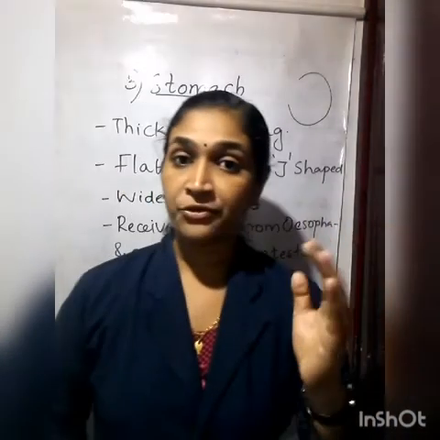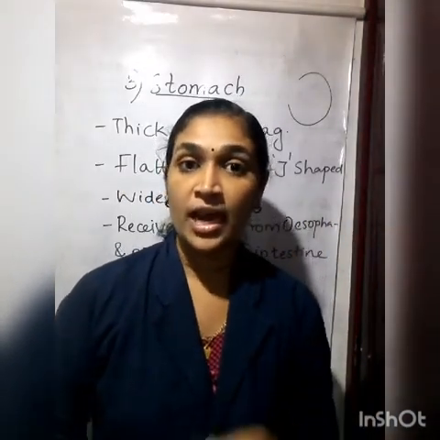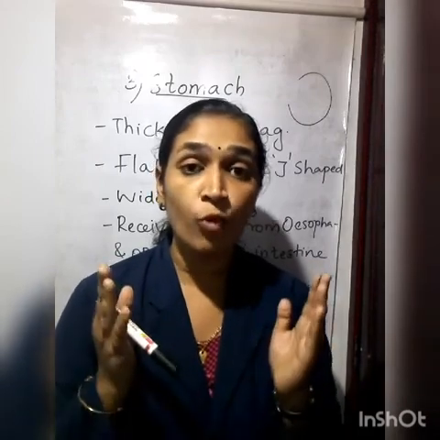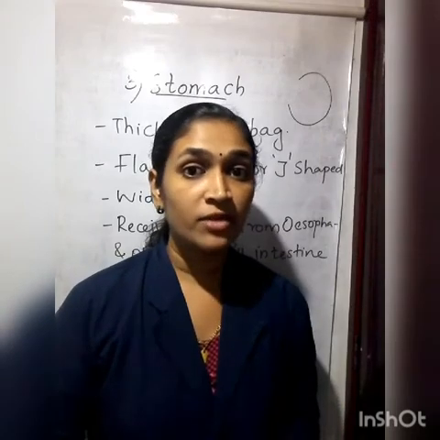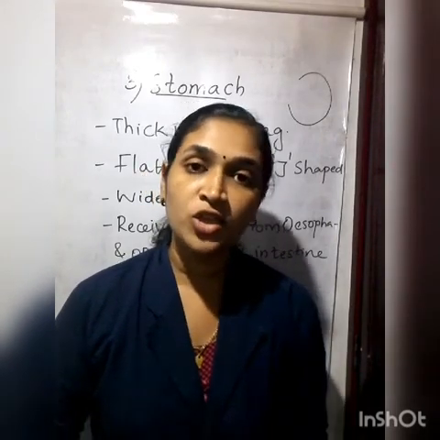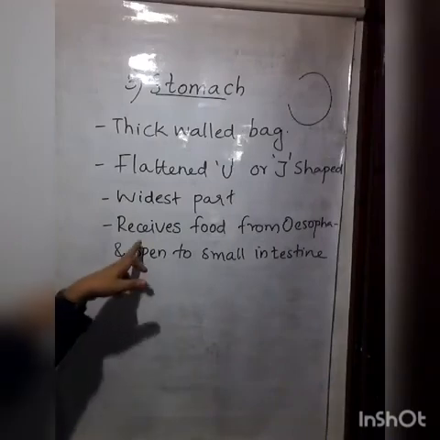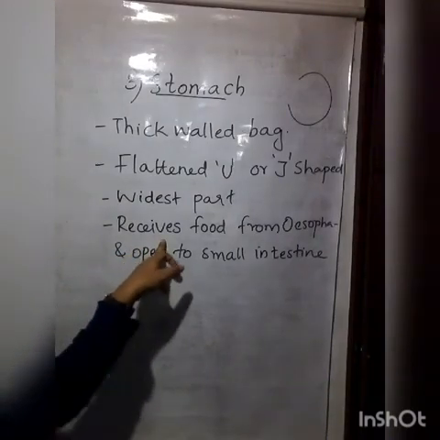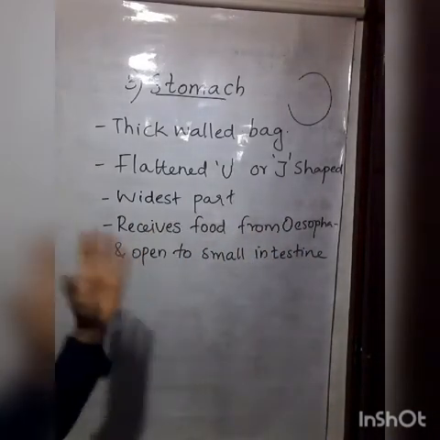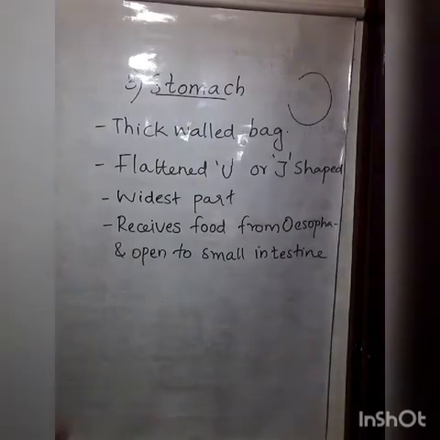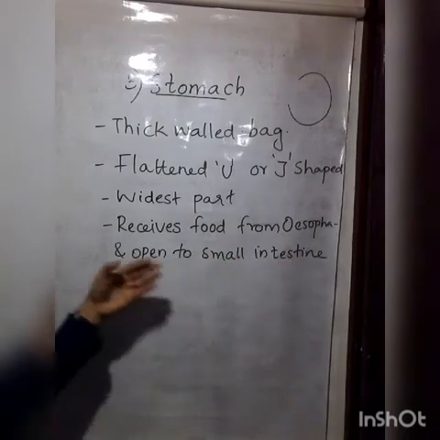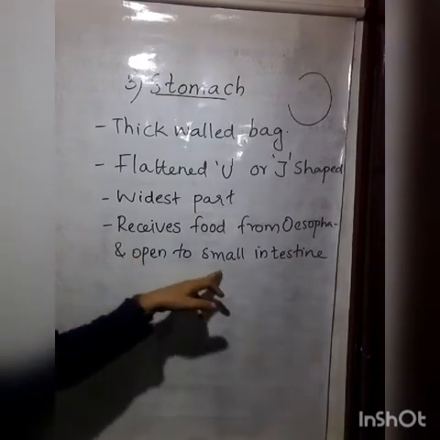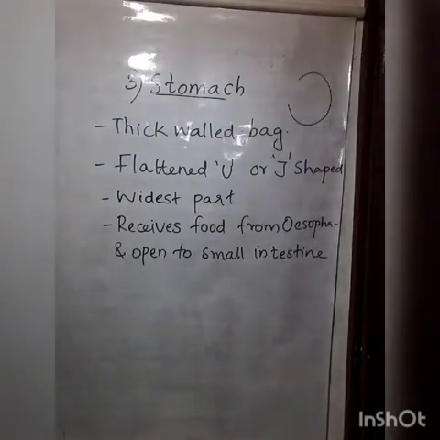We have seen the different parts of the alimentary canal, and the stomach is the widest part of the alimentary canal. Now, the stomach receives food from the esophagus, and the stomach opens to the small intestine.